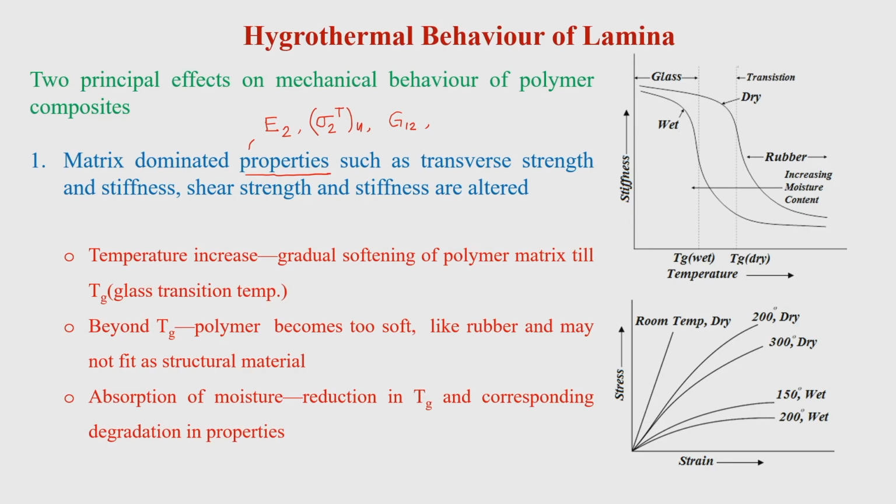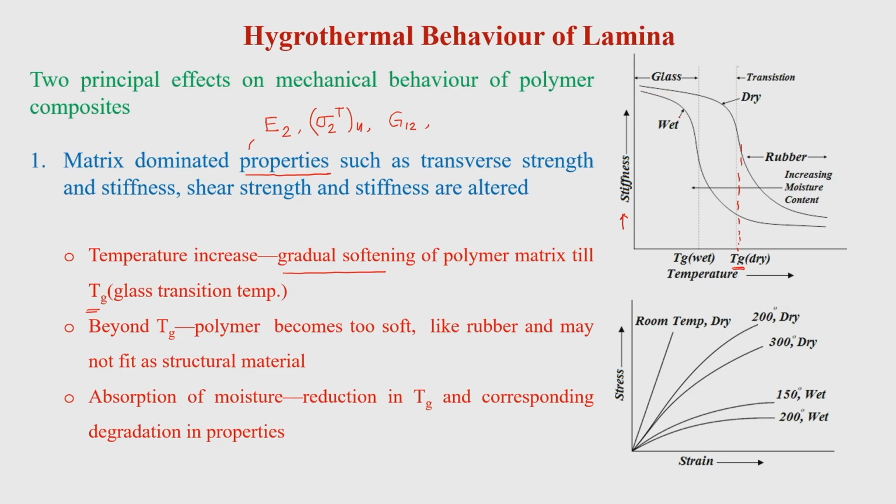Now, what happens is, as the temperature increases, there is a gradual softening of the polymer matrix till it reaches the glass transition temperature. If you look at this figure, this is the stiffness versus temperature. As the temperature increases, till this temperature, which is called glass transition temperature Tg, there is a gradual decrease in the stiffness.